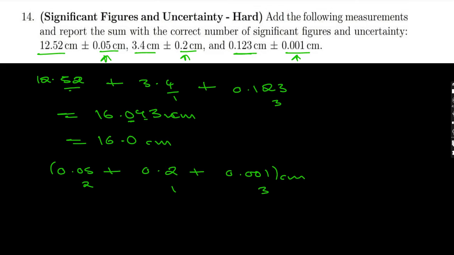So our answer should have 1 decimal place. Adding the three, our answer is going to be 0.251 centimeters. But we want 1 decimal place, so we stand here, and since this is equal to 5, we're going to round up. It's going to be 0.3.